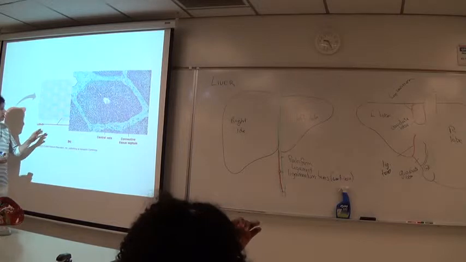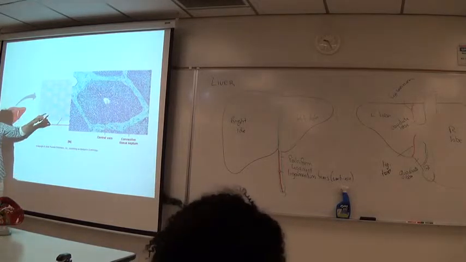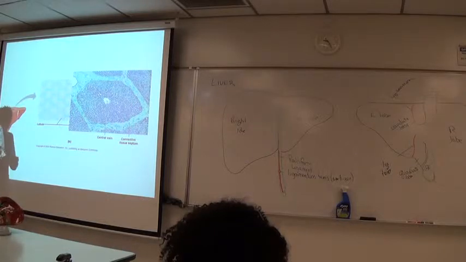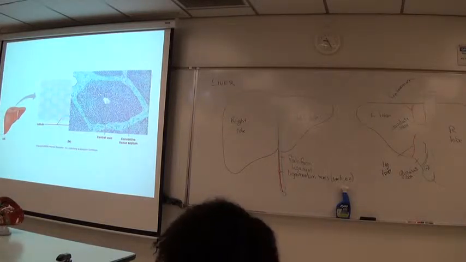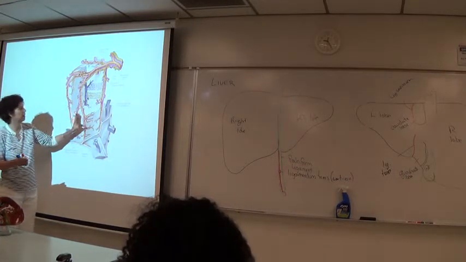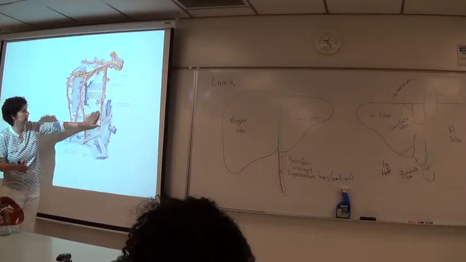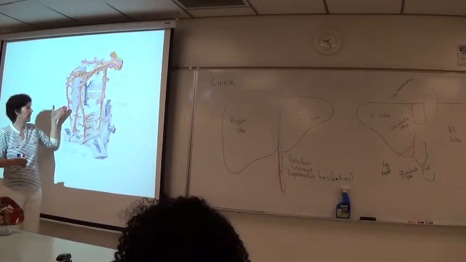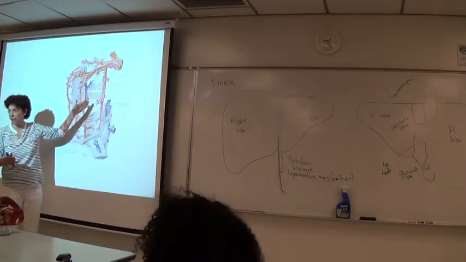Now, at the corner of each lobule, they share these portal triads. They share these three structures. So here's kind of an old diagram of the lobule, but this would be 1/6 of the side, this would be one side, and a wedge has been cut out so that we can see into the center of the lobule.